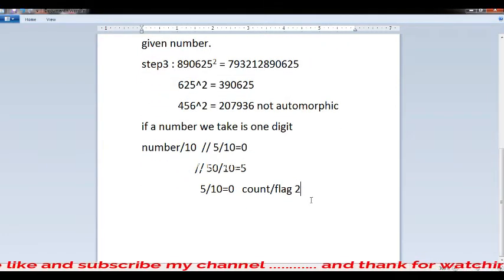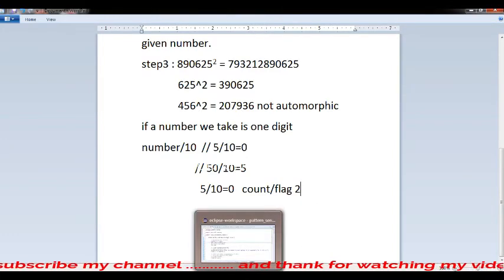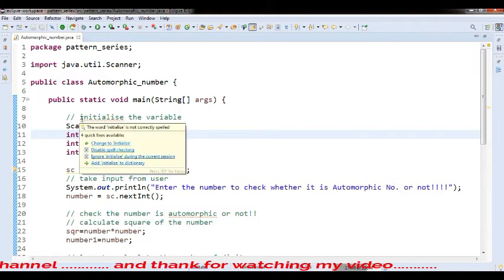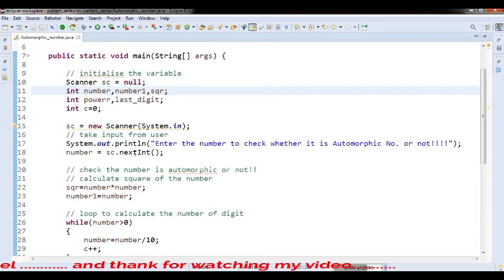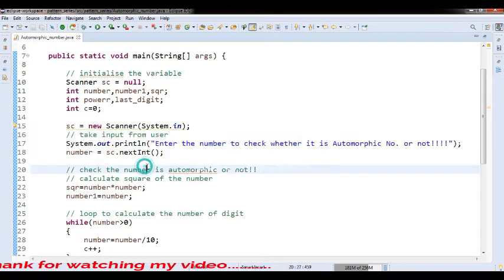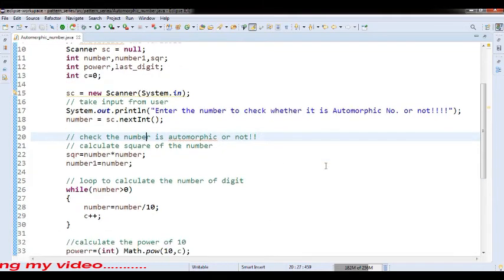So to understand it in a better manner, we take the code so that you cannot mug up, you can analyze. Here, as we discussed, we first take the input from the user: enter the number to check whether it is an automorphic number or not.